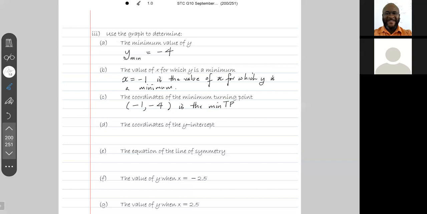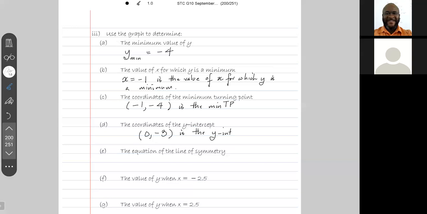The coordinates of the y-intercept, guys, remember the graph cuts the y-axis at -3. The y-axis is the line x is equal to 0. So x being 0, y being -3 is the y-intercept.